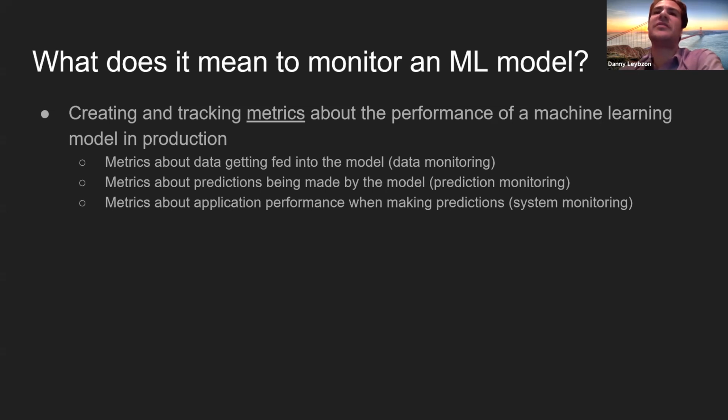And that matters in the case of somebody like Netflix, right, who generates on-demand recommendations for TV shows and movies and needs people to stay on their website to watch those movies. So as soon as somebody clicks away, because the Netflix model is taking too long to serve those recommendations, Netflix's revenue is going to suffer as a result. So system monitoring, I think, is just as important as data and prediction monitoring, even though it's not talked about quite as much.